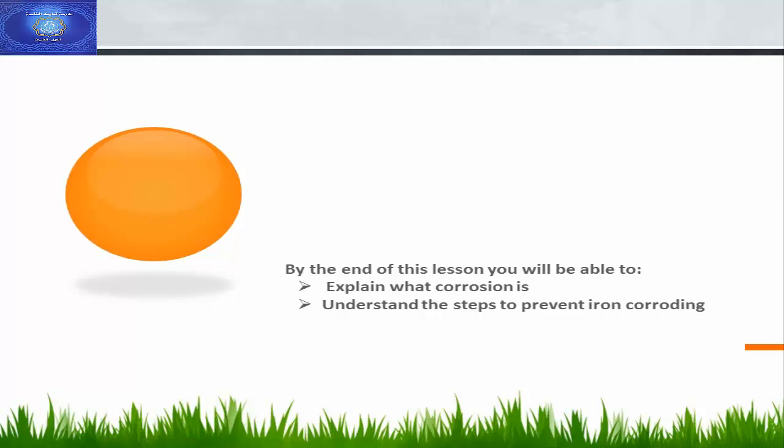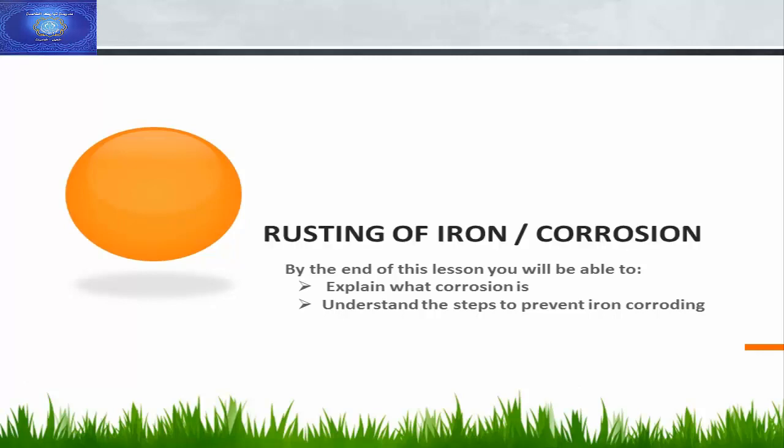After a long time, when you go and check, you can see a brown colored powder or flakes on it. So today our topic is how this rusting comes on the iron material and how to prevent it.